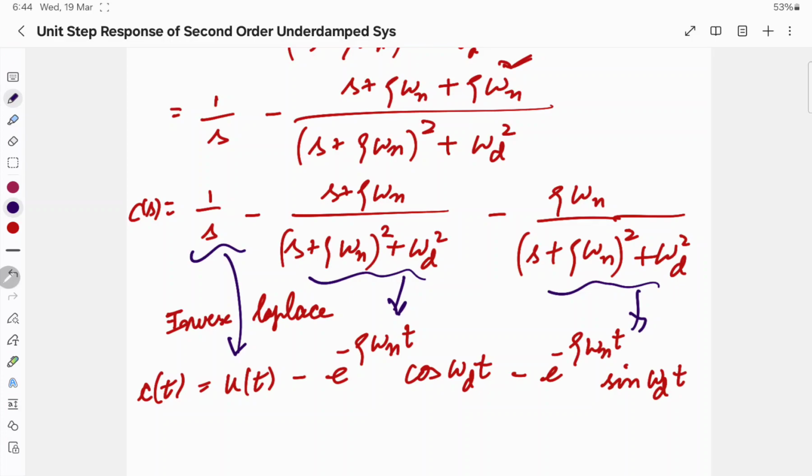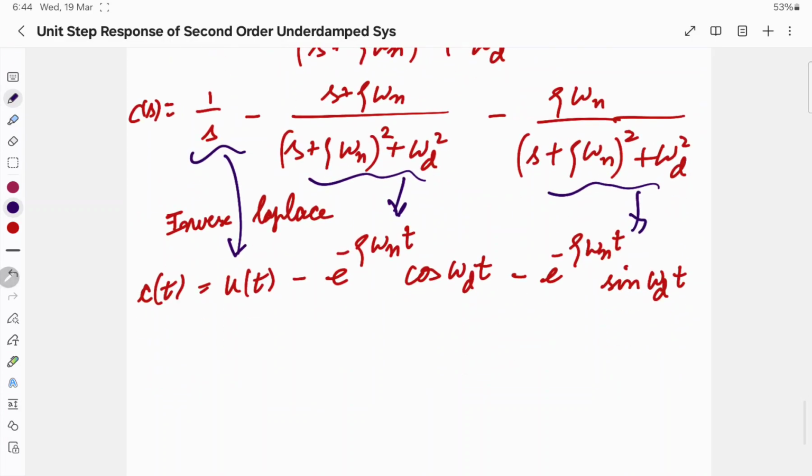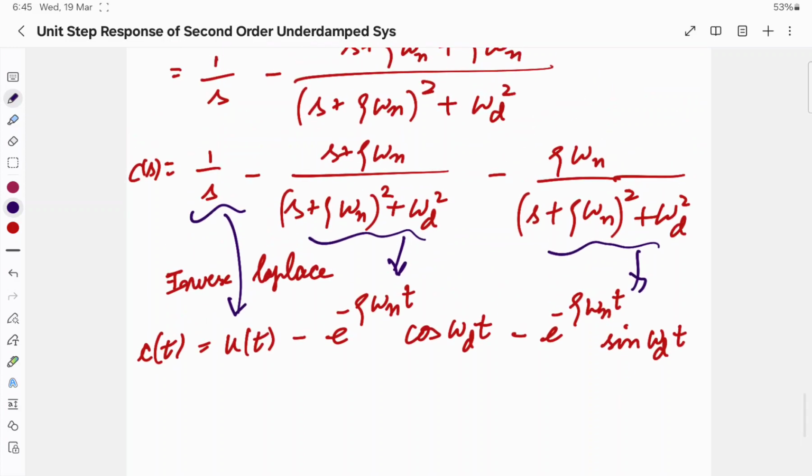Right, now here it's just a small manipulation.